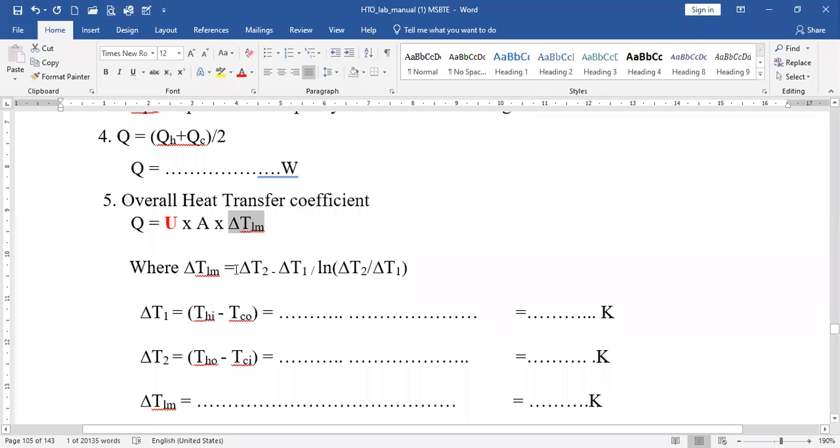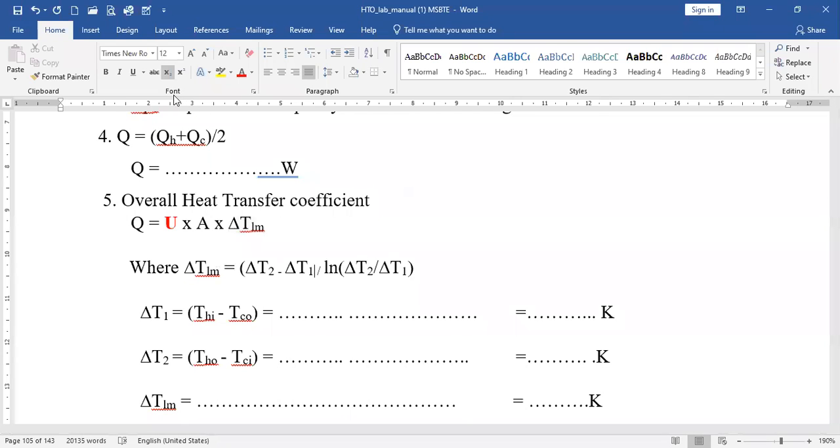So this LMTD is nothing but the difference between these approaches divided by the ln ratio of this difference of temperatures, right?